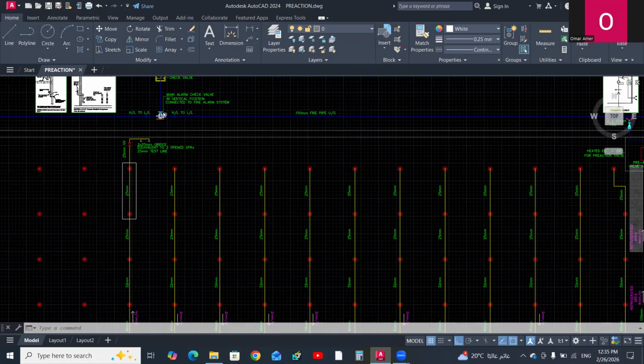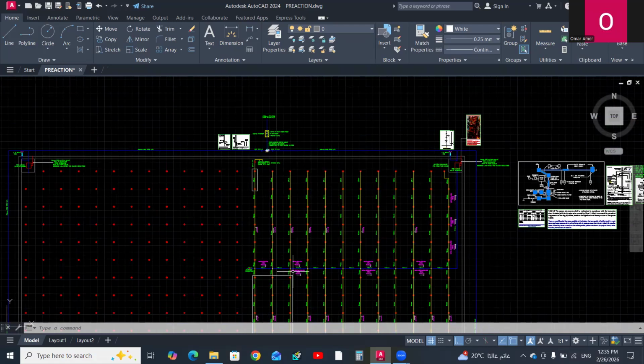This period shall not exceed 45 seconds. Water delivery time shall not exceed 45 seconds after system activation by detectors or opened sprinklers.